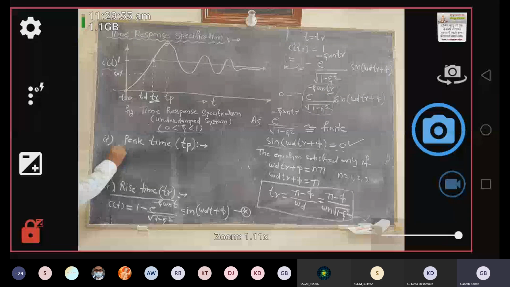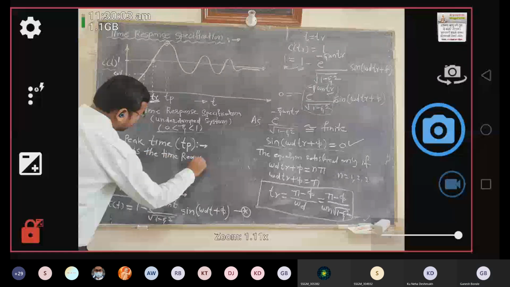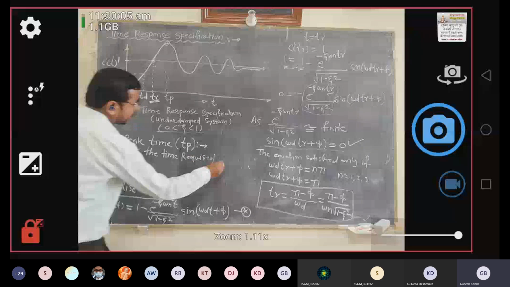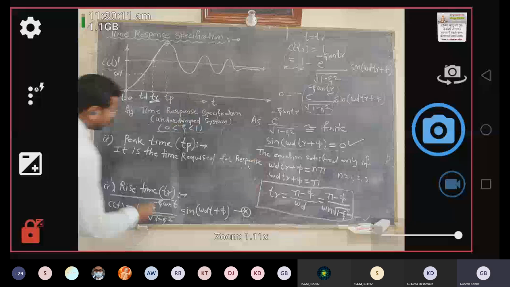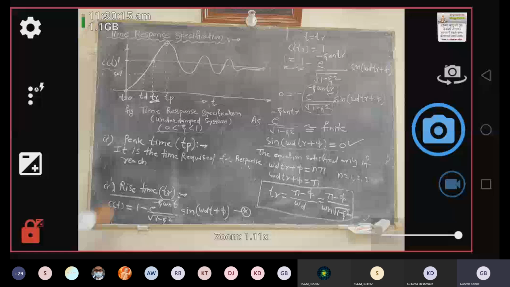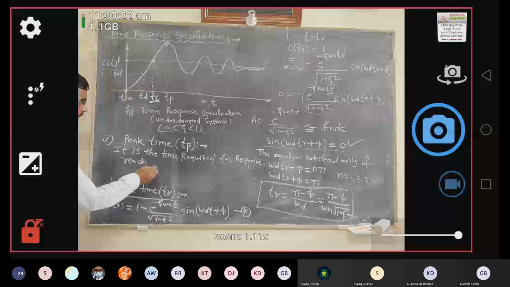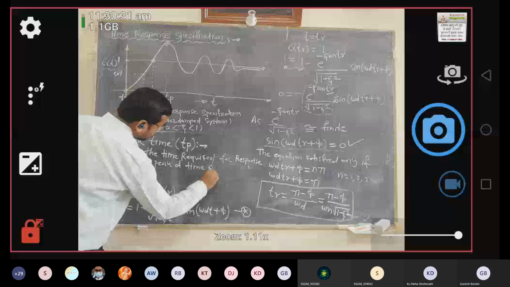So write down, it is the time required for the response to reach the peak of the time response, the first peak.